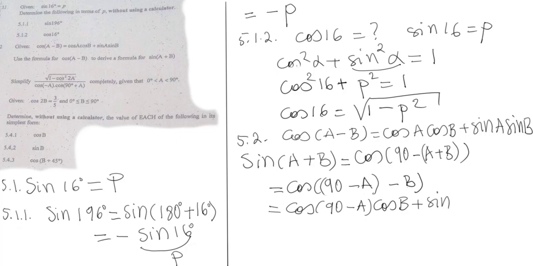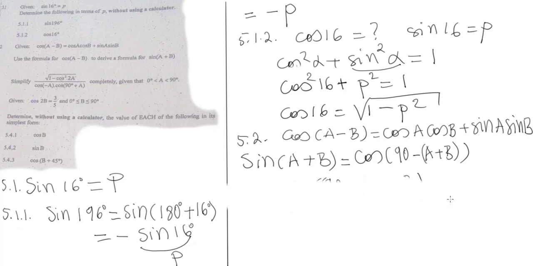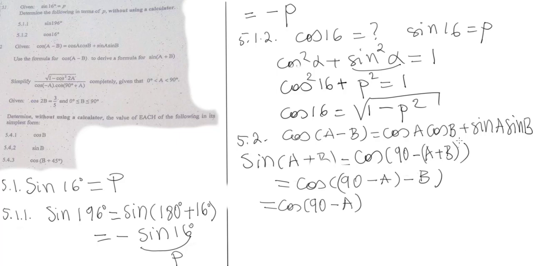So you can see, let me remove this now. Let me go back. So we managed to change this to cos of 90 minus A, and the minus B like this. Okay, so now consider all this as our A. By using this formula, we have cos of 90 minus A multiplied by cos B, then there is a plus, then we have sin of A. What is A?